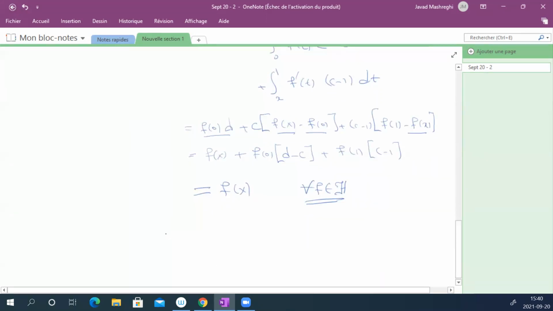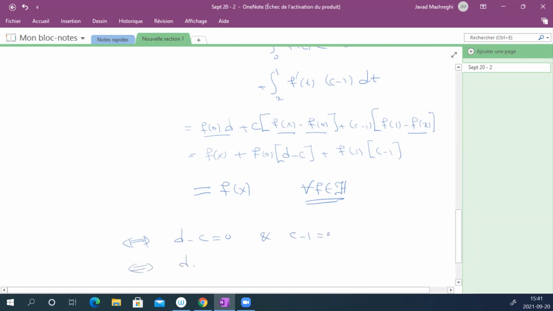And this happens if and only if, by considering just arbitrary linear functions, for example t and t plus 2, or 2t and 2t plus 1, I mean, just two different linear functions, we see that this happens if and only if d minus c equal to 0 and c minus 1 equal to 0.